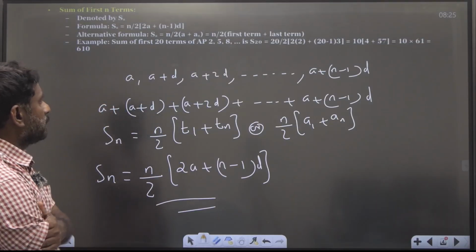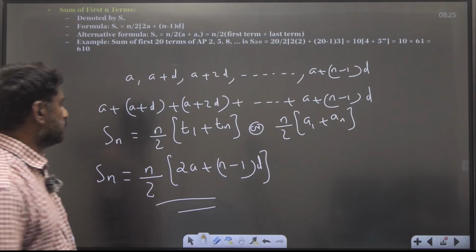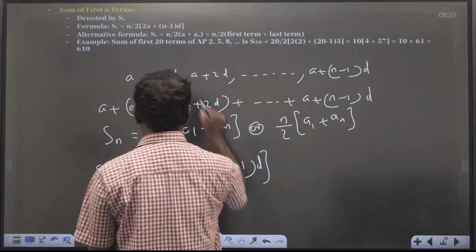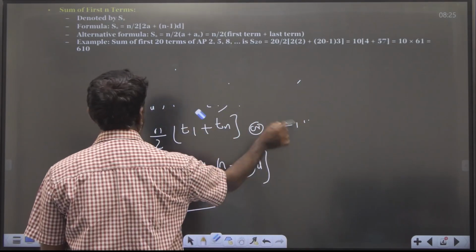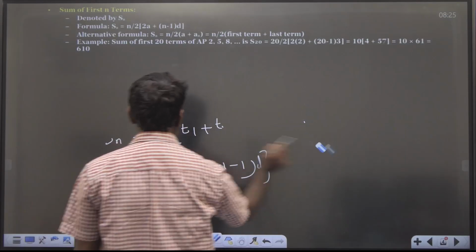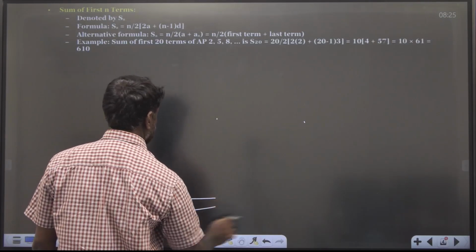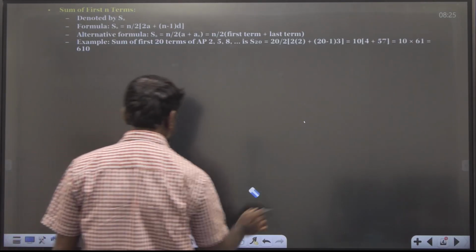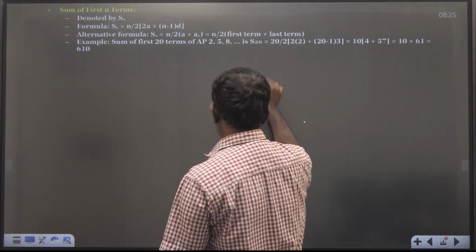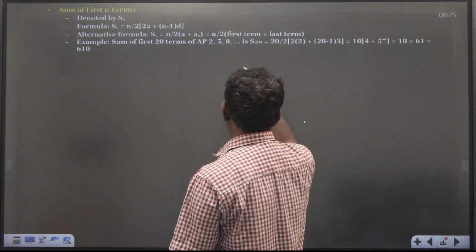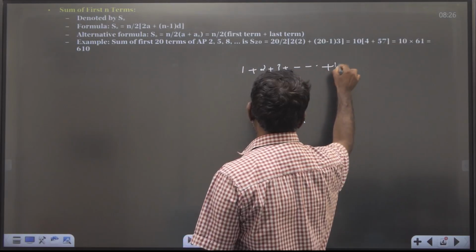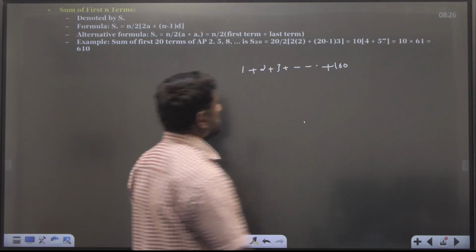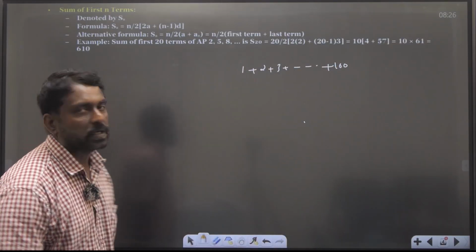I can explain this formula with an example. Suppose we have to find out 1 plus 2 plus 3 plus etc. plus 100, the sum of the first n natural numbers.